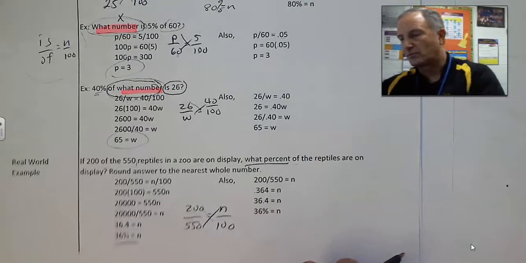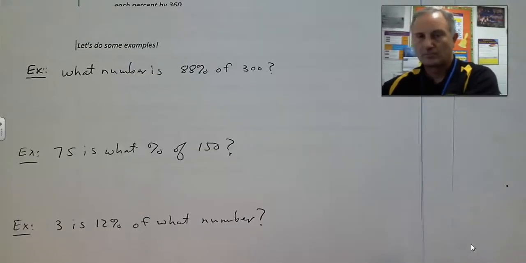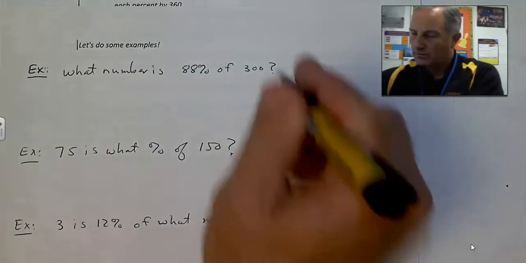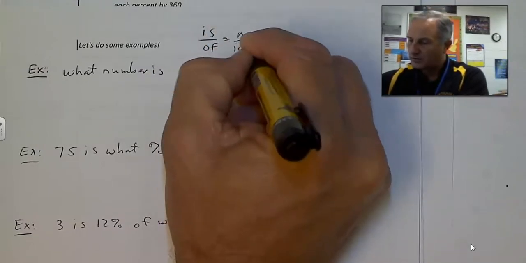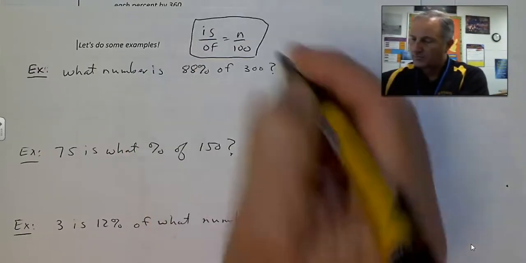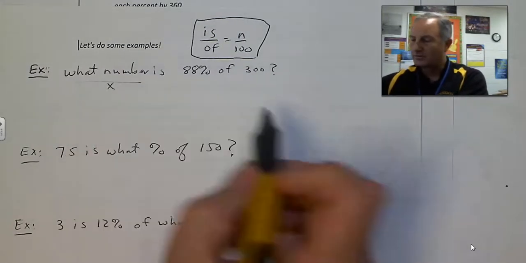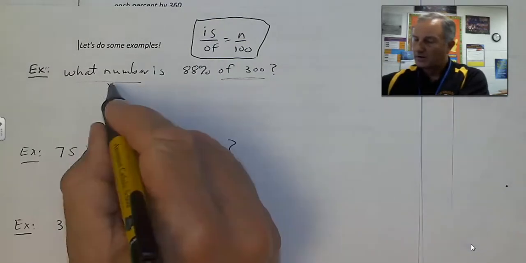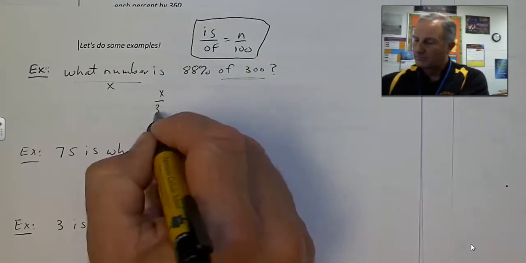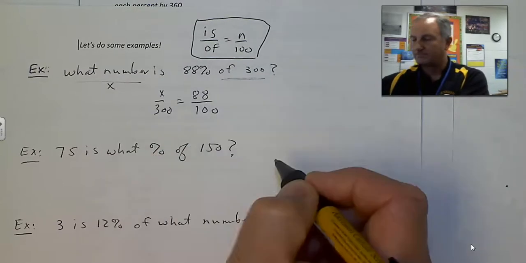Let's look at some more examples here. Remember, everything is over of equals n over 100. What number is, I call that x, 88% of 300 is over of equals my percent n over 100.